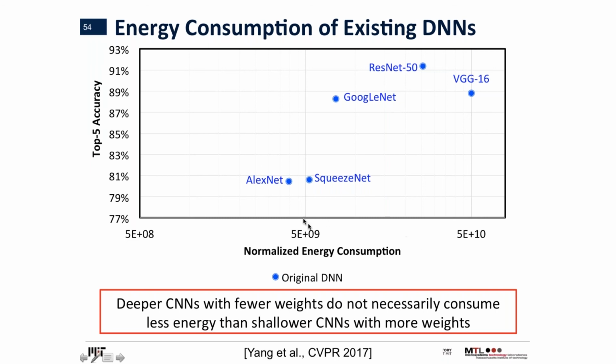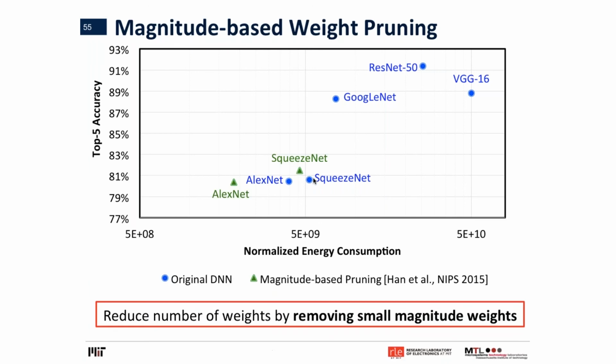For example, GoogleNet and SqueezeNet both have fewer weights than AlexNet, but they still both consume more energy than AlexNet itself. When we're looking at ways to reduce the energy consumption, one approach we saw was removing the weights with small magnitudes. You can see that by doing this, shown here in the green, it maintains the same accuracy, but the energy consumption is actually reduced.